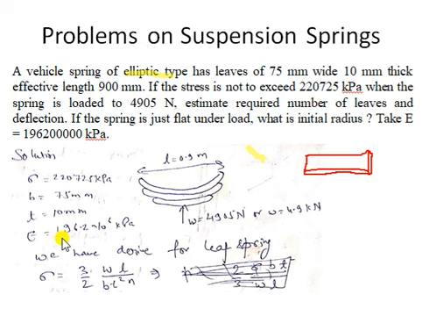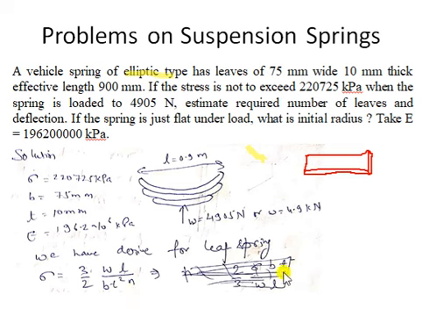Now, if you remember, we derived some relations for leaf springs in the lecture of 1st April. If you open the file of 1st April, you will see some important relations for leaf springs. One of the important relations was that the permissible bending stress is given by the expression 3/2 WL divided by BT square into N, where N is the number of blades.